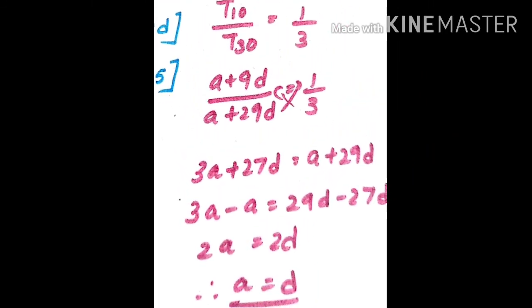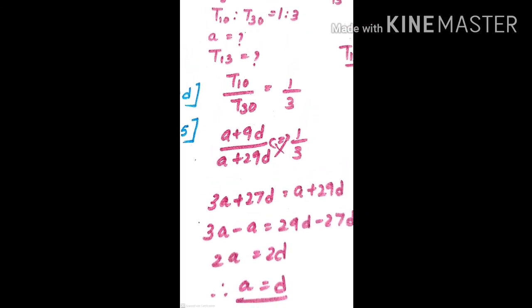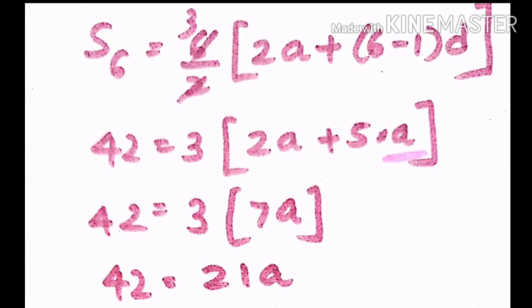So we can substitute either the A value for D, or D for A. Now we take our S6 formula, that is, the sum of the 6 terms is equal to n by 2, 6 by 2, in the bracket 2A plus (n minus 1)D, n is 6, minus 1, D. So S6 is equal to 42, is equal to, the 2 and 6 cancel to give 3, in the bracket 2A plus 5A.